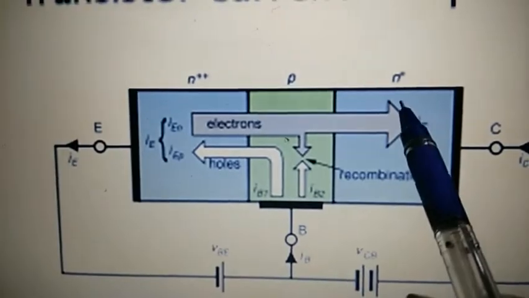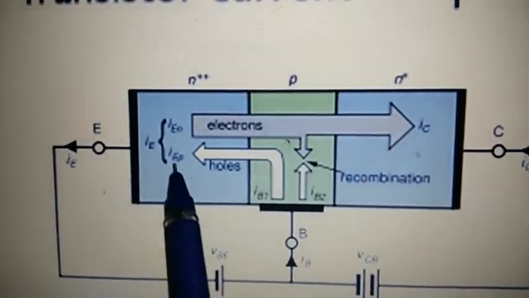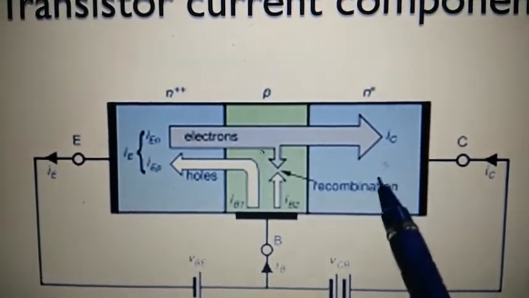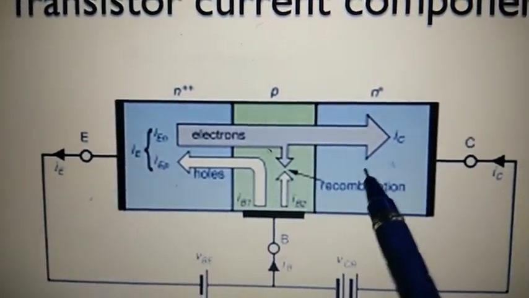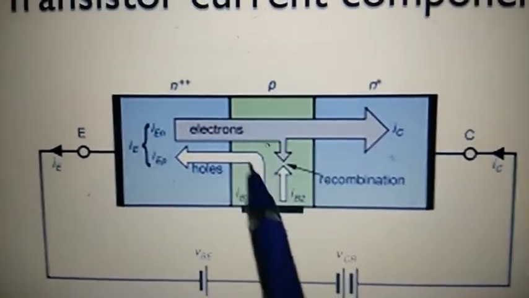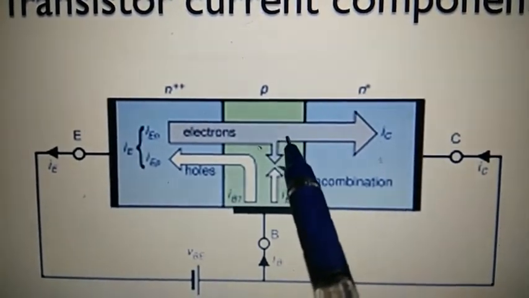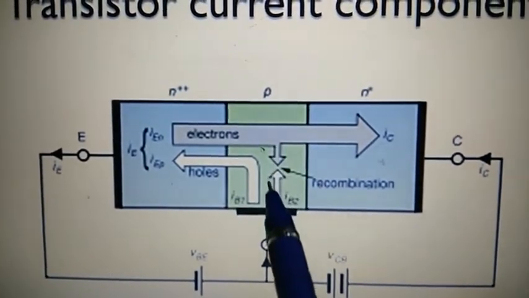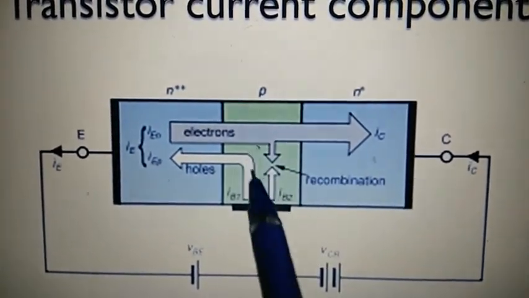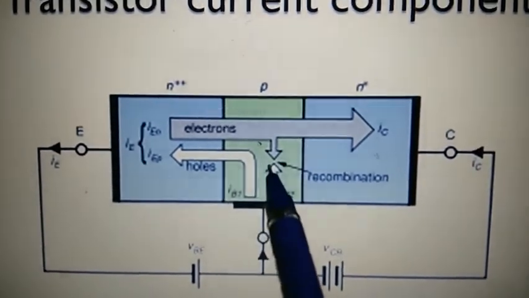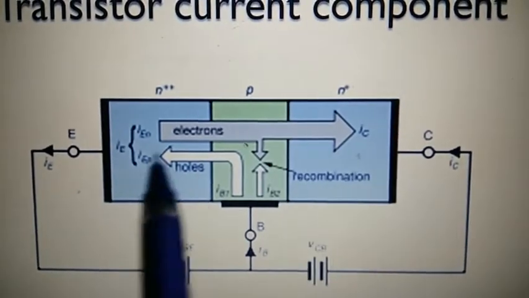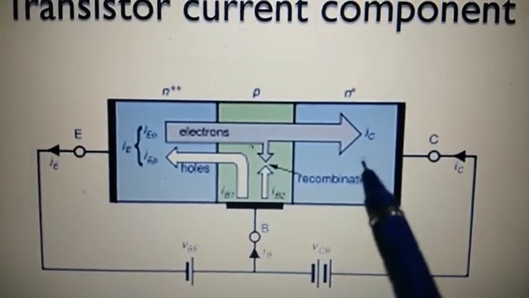This is an NPN type transistor, so it is heavily doped by pentavalent atoms. The collector region is also heavily doped by pentavalent atoms, while the base region is lightly doped by trivalent atoms, P-type, because the majority charge carriers in the base region are the holes, which are very few compared to the majority charge carriers in the emitter and collector sections.